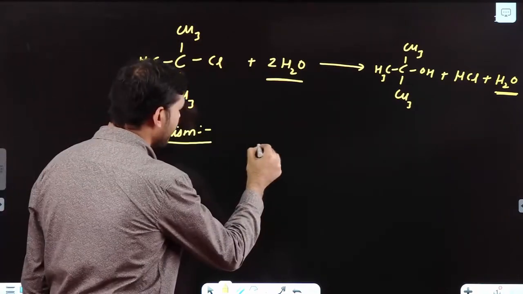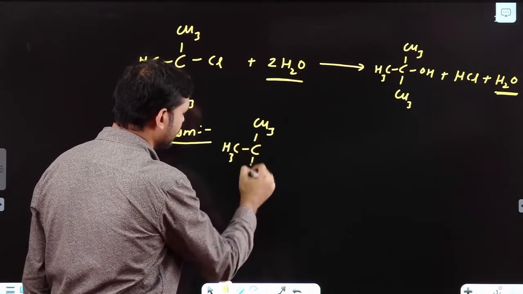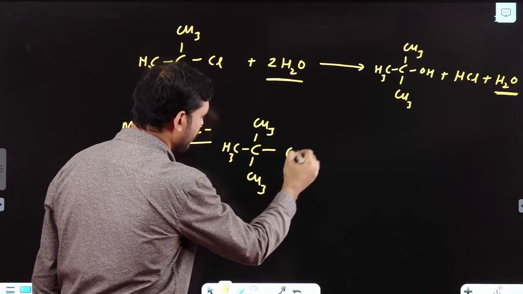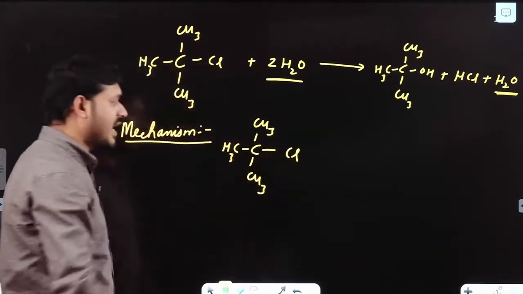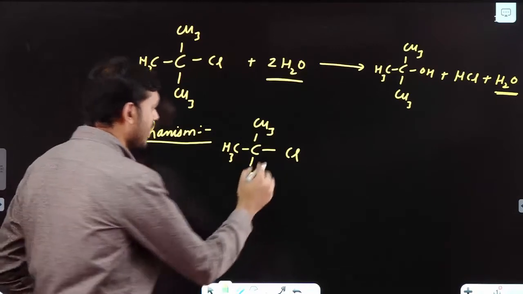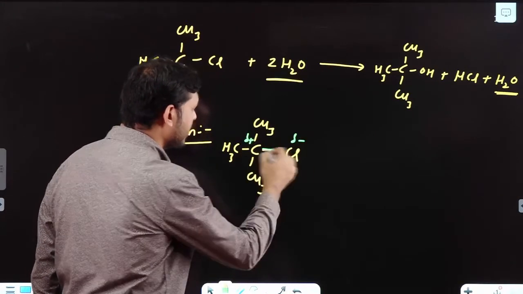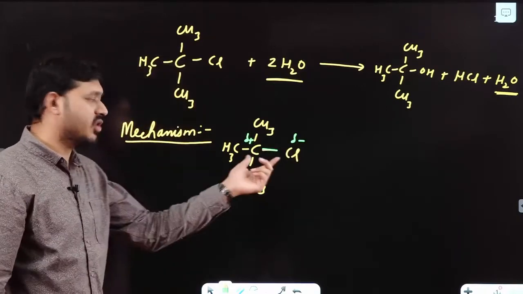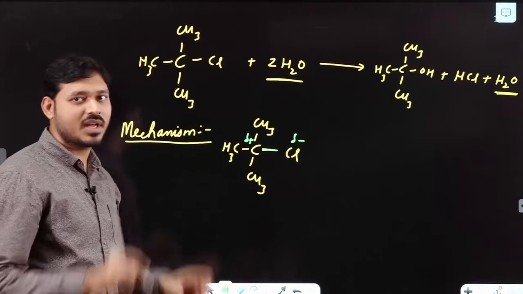Mechanism. First of all, what happens? This is our reactant or substrate. In the first step, this bond has high polarity due to the electronegativity difference in the C-Cl bond, as well as the high bond length between carbon and Cl.